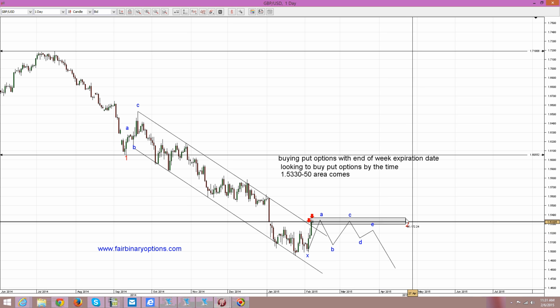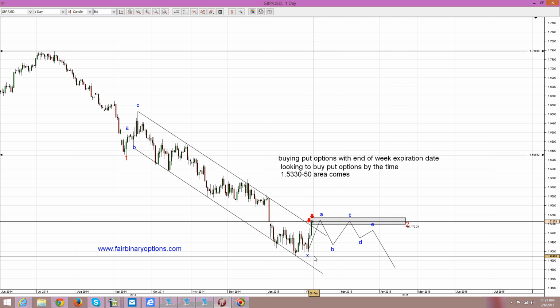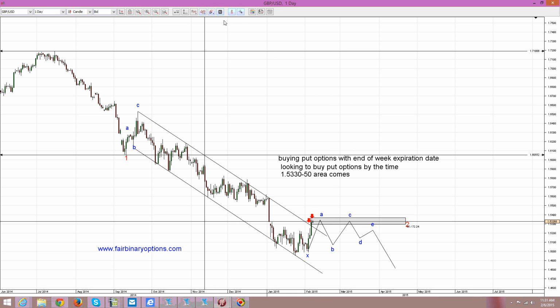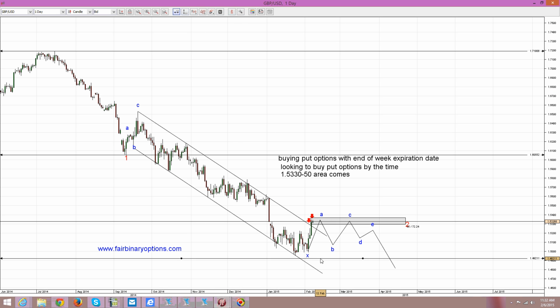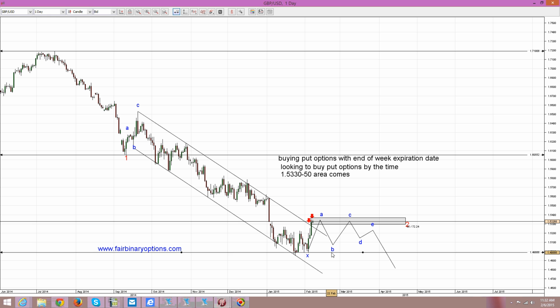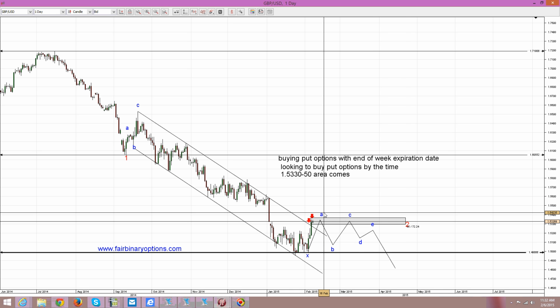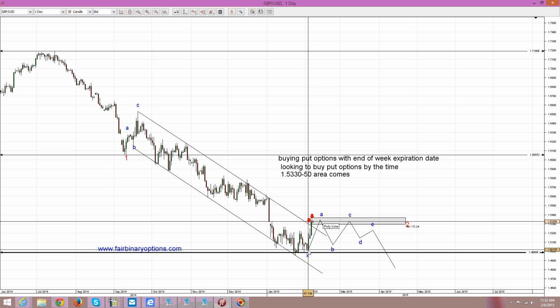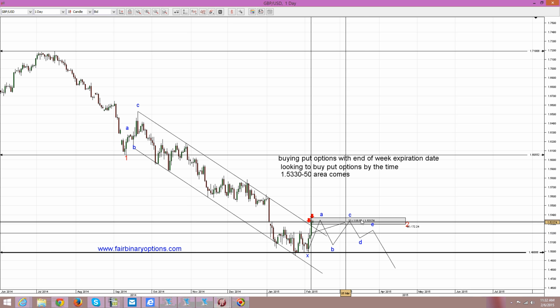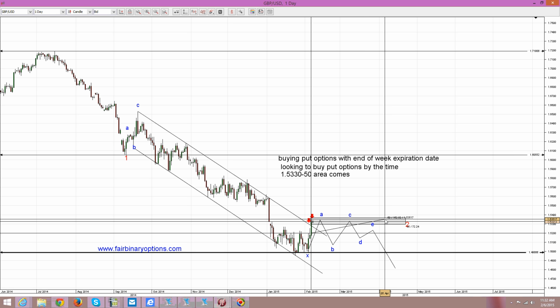Now, this is the ideal contracting triangle in the sense that it's going to be a horizontal one. But let's try to mark the low at the end of the X wave. If you mark the low in here, it might be that wave A is not even done yet. It is too early, only 3 candles, and we need something like 4 candles more.